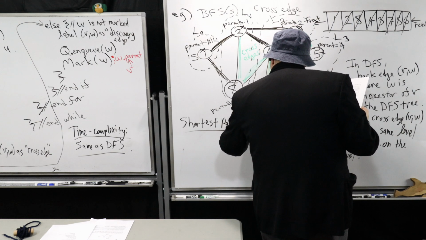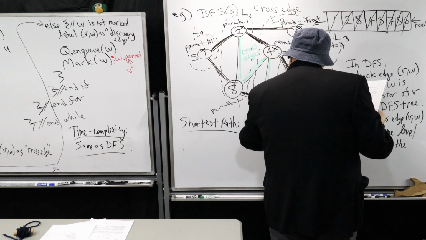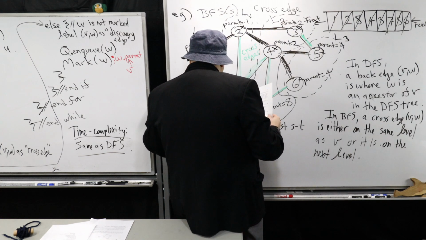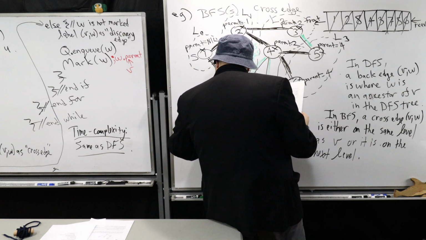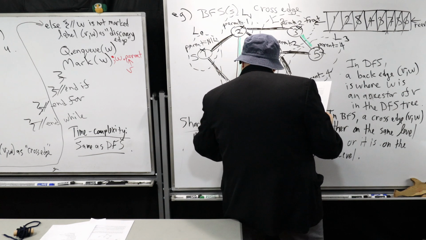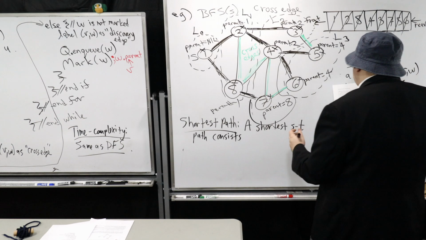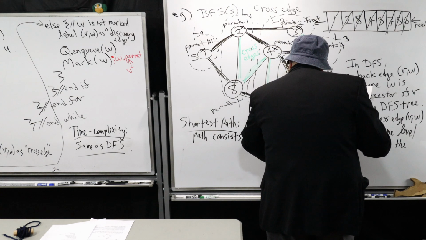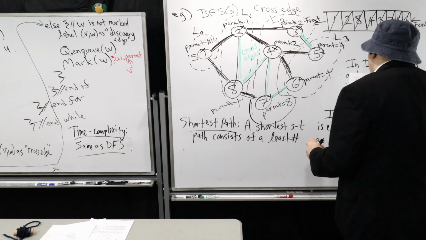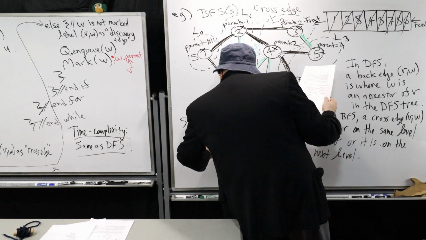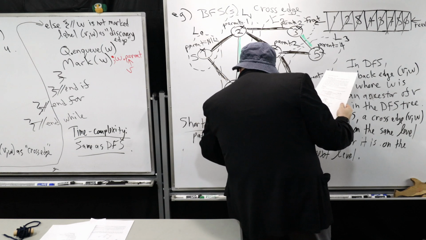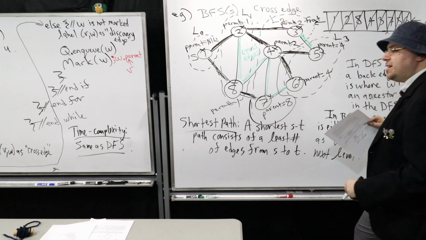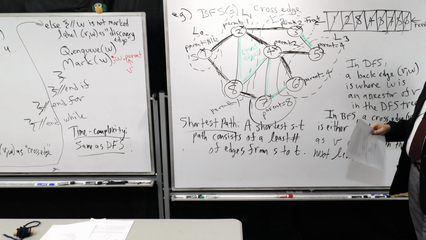A shortest S-T path consists of a least number of edges from S to T. So when I say shortest, I'm talking about the number of edges in it.